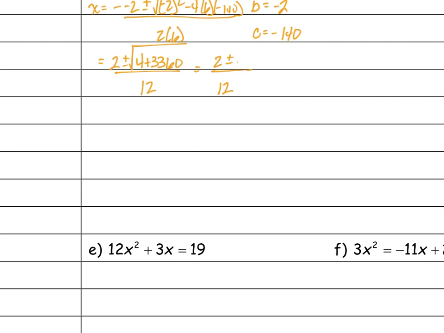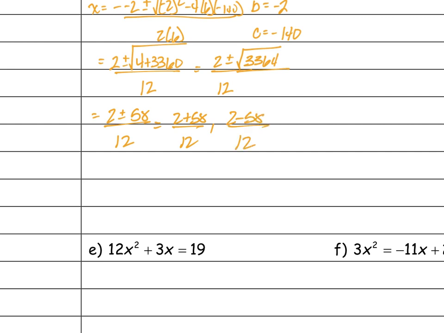It would give me 2 plus or minus the square root of 3,364. And then I put the square root of 3,364 in my calculator or into Desmos, and it gave me 2 plus or minus 58 divided by 12. So the square root of 3,364 is 58. And then that gives me 2 plus 58 divided by 12 and 2 minus 58 divided by 12.